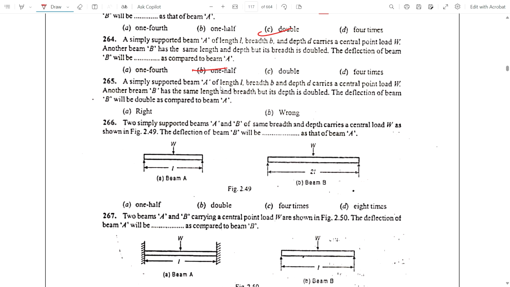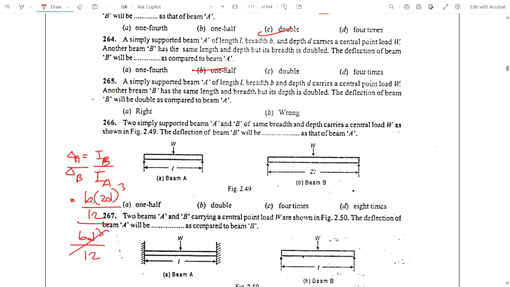Now coming to 265. A simply supported beam A, same question in a different format. It has length L, breadth B, depth D and carries point load W. Another beam B has the same length and breadth B, but the depth is double. So delta A by delta B is I B by I A. I B is b times 2d cube by 12, and I A is bd cube by 12.